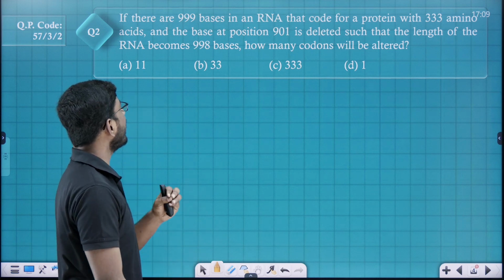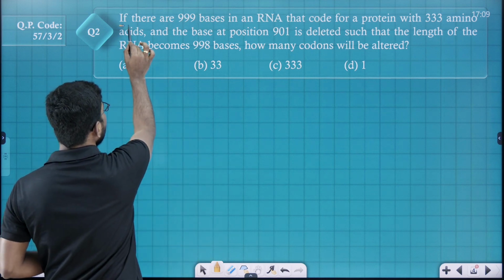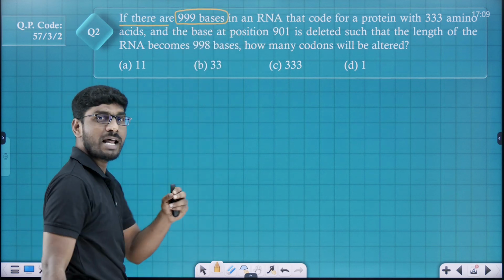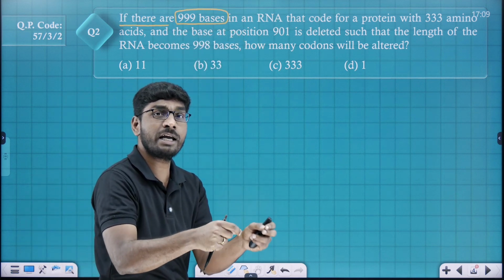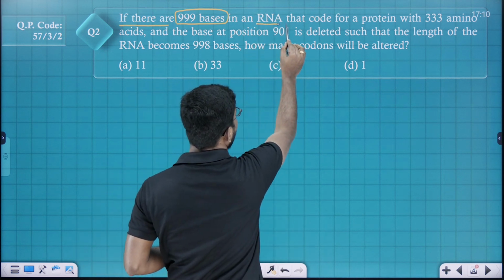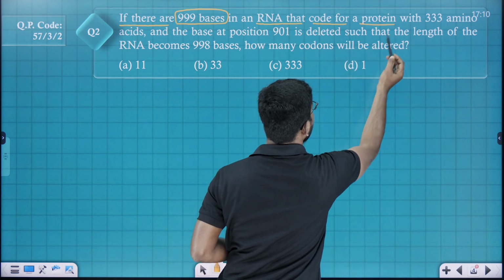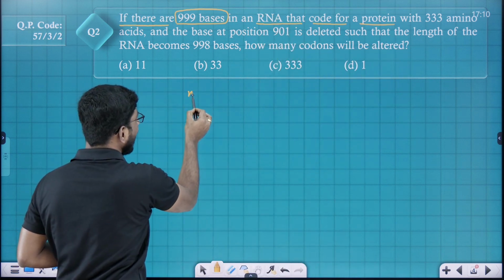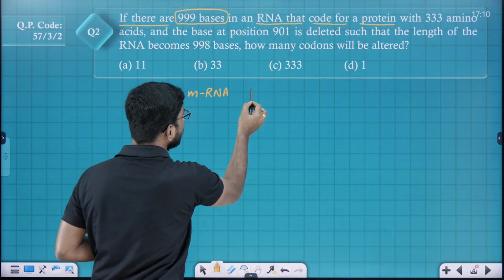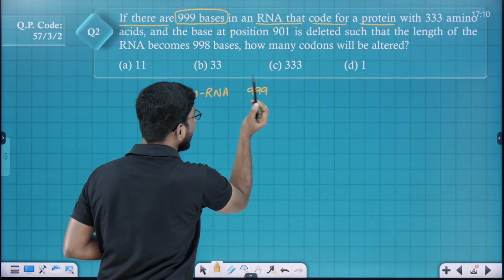Second question, a very, very important question. If there are 999 bases, 999 nucleotides, in an RNA that codes for a protein, shall I write it as an mRNA? I'm writing here, it is an mRNA. In this mRNA, how many nitrogen bases are there? 999 nitrogen bases.